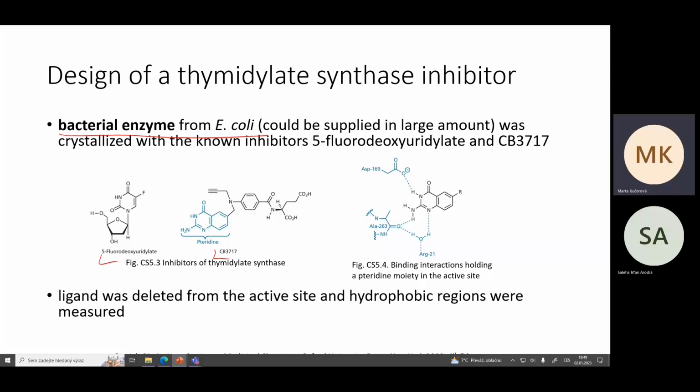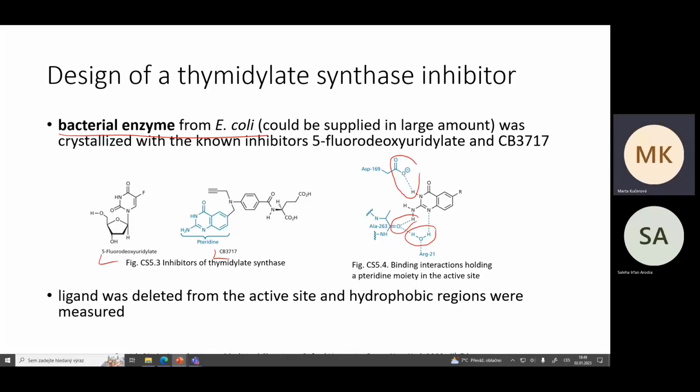And it was found that there is information on the binding mode. There is an ion dipole interaction, a hydrogen bond interaction, and another hydrogen bond interaction via a water molecule.